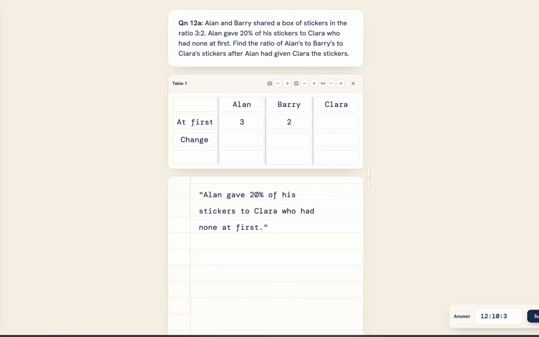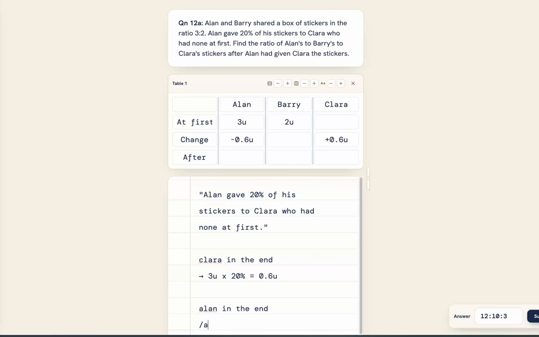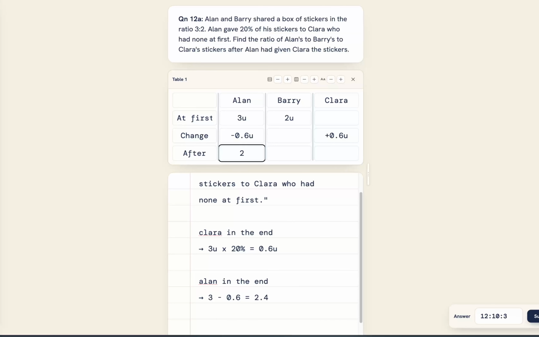So that means Clara in the end would be, Alan gave 20%, which means 3 units times 20%. And this is 0.6 units. So Alan is minus 0.6 units, and then Clara adds plus 0.6 units. So in the end, Alan is 3 minus 0.6, which will be 2.4.